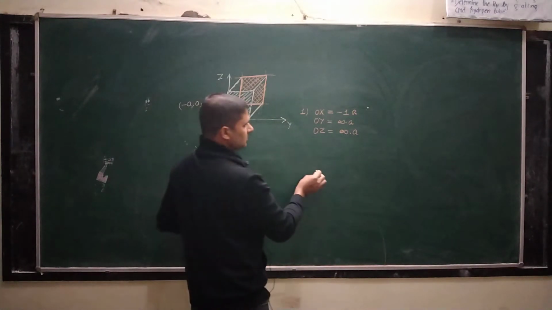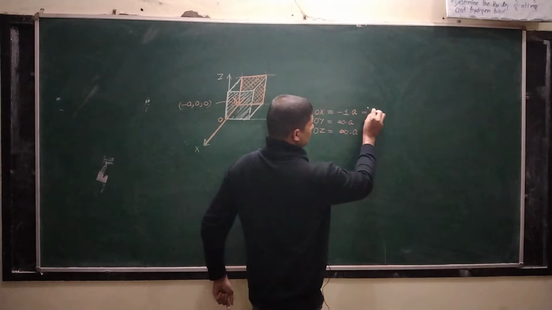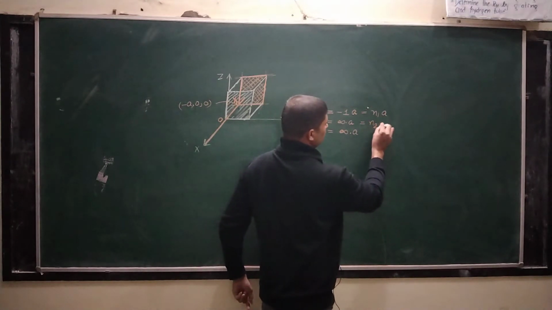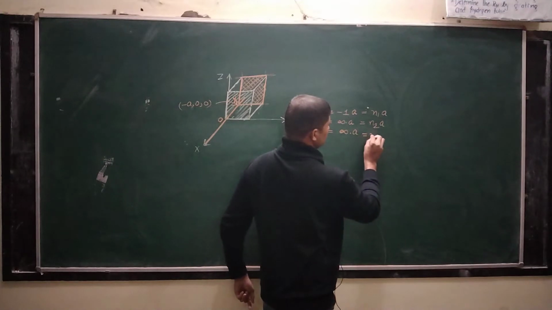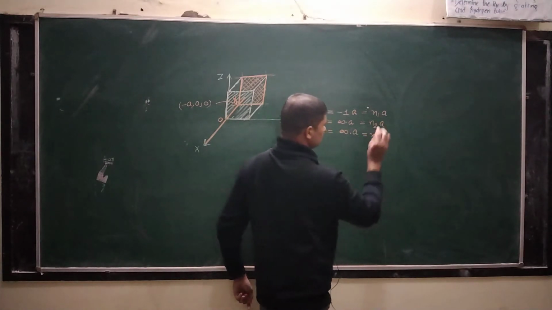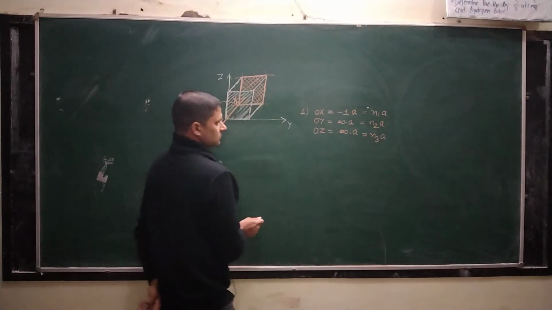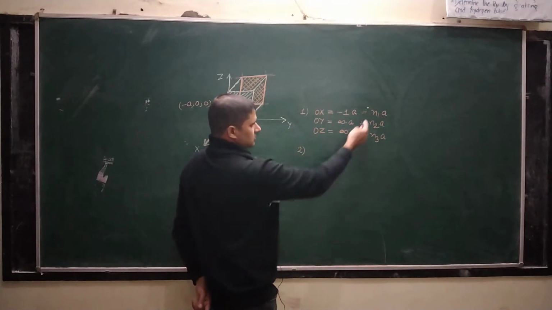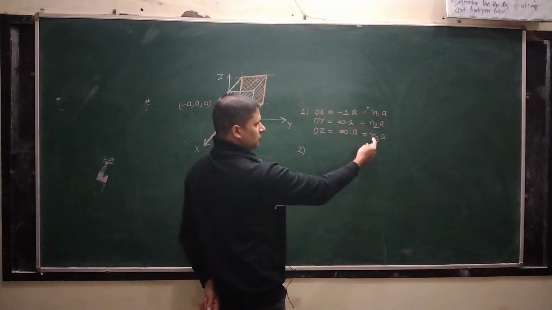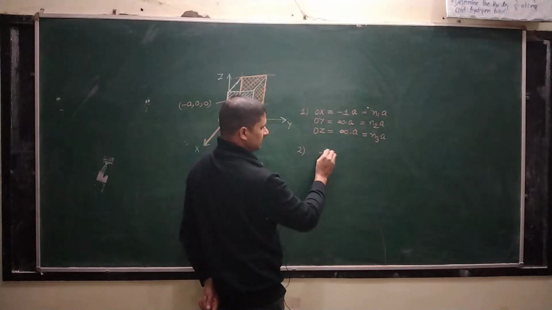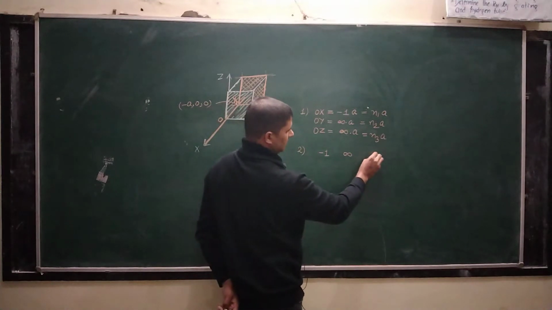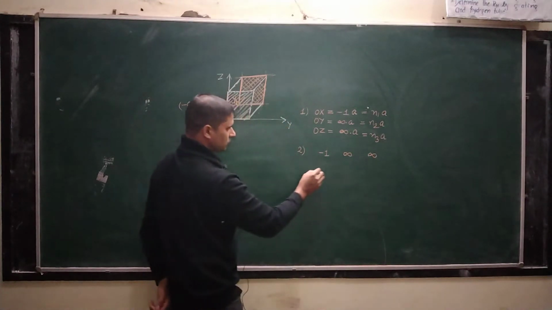So from here, these are equal to n1 times a, n2 times a and n3 times a. Okay class. So now in the second step, you will find the values of n1, n2, n3, and I am writing them. This is -1, then you have infinity, then again infinity.